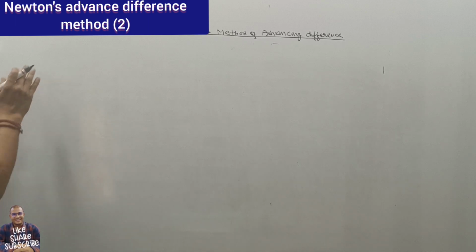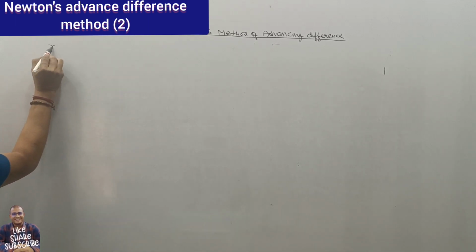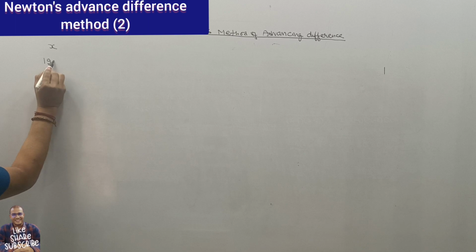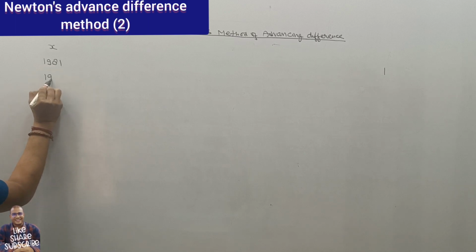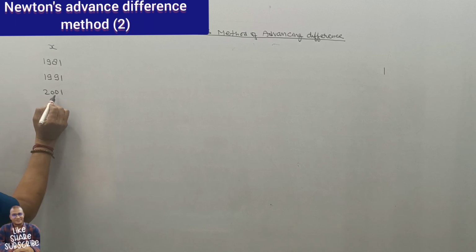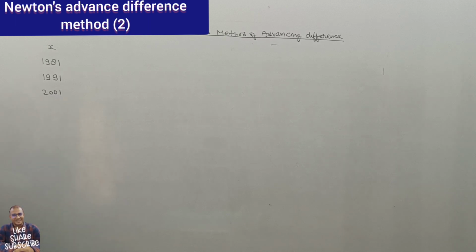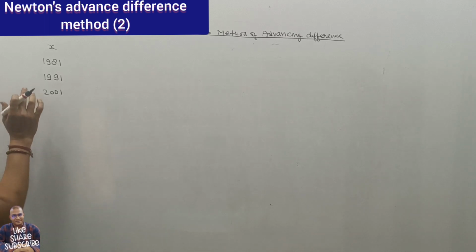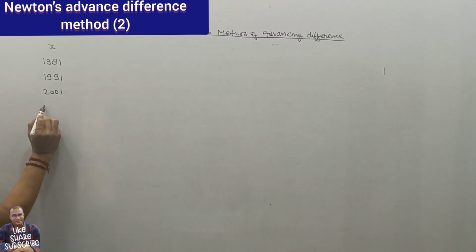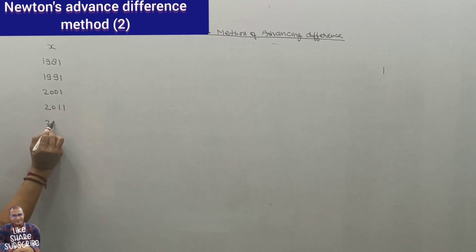So the question is like this. Population is given for 1981, 1991, 2001, 2011, 2021.